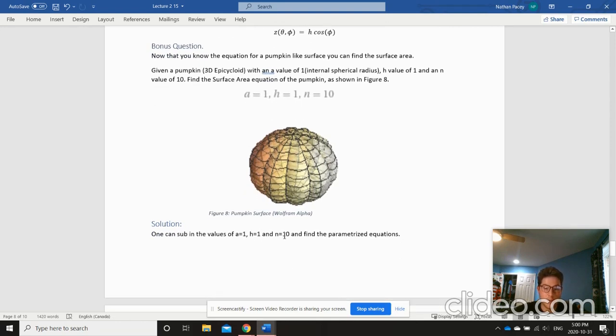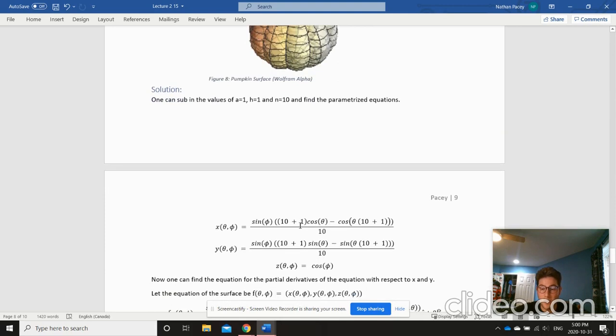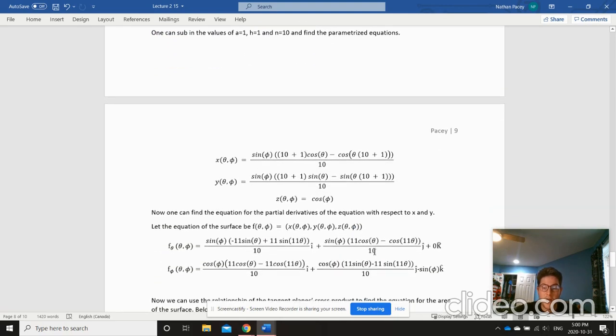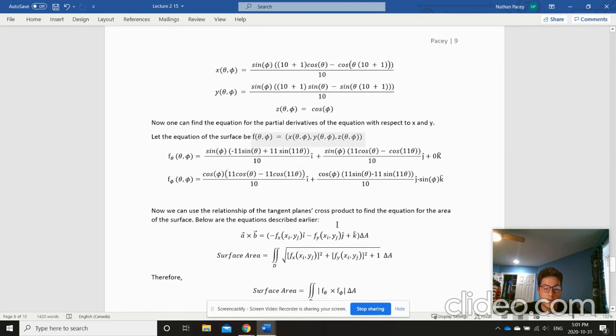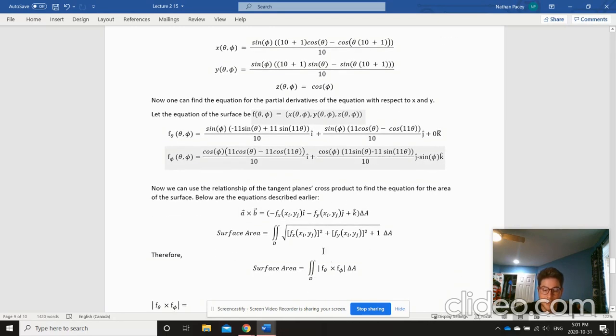So first we can sub in our values to find the parameterized equation. And just like in question 2, we will have to take the partial derivatives of the equations, and then we can take the magnitude of the cross product of our 2 partial derivatives, and then put that into the integration and find our surface area.